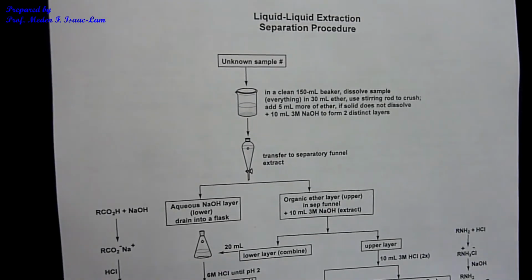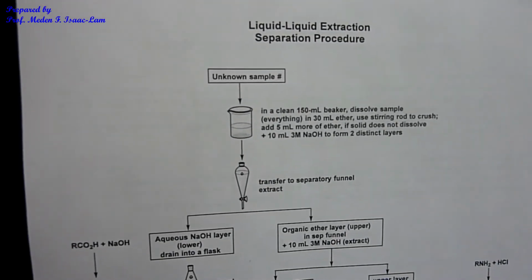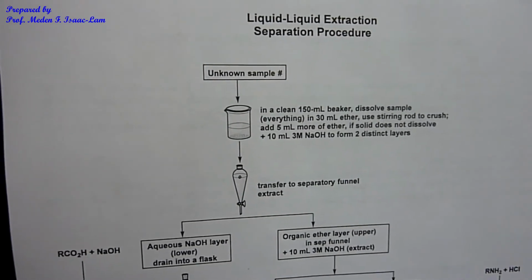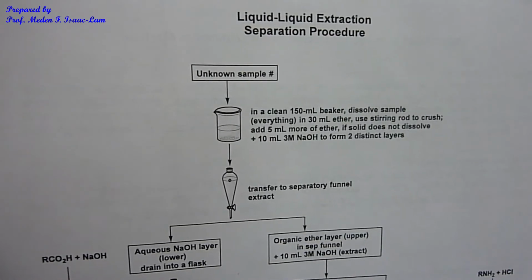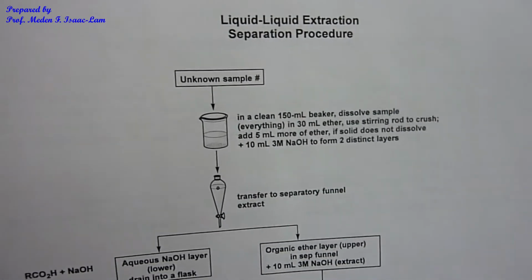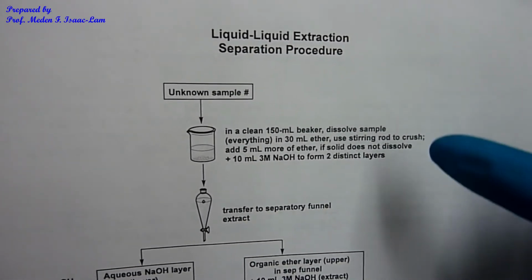So this is the liquid-liquid extraction separation procedure. I will now be doing the first part, which is starting from the unknown, and then I'm gonna add a solvent and then add a base. So the first part is indicated in here.